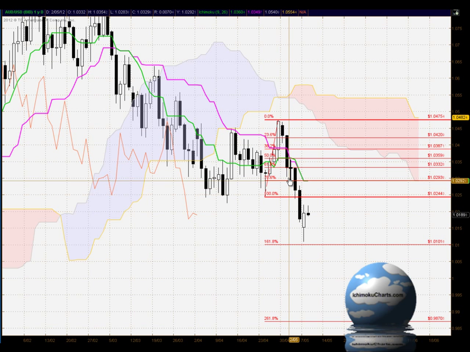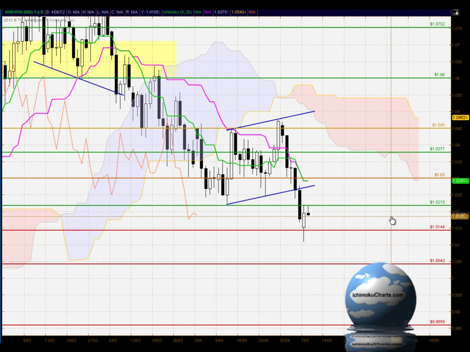And the market did find initially support at the 61.8% level, then at the 78.6%, but the trend didn't change, so that retracement and extension is still in force. We did see some rejection from the 100% level, but the trend has gone on, and we're now seeing rejection from the 161.8% level. So there is a possibility that we will see that change of trend based on the rejection from 161.8% level.